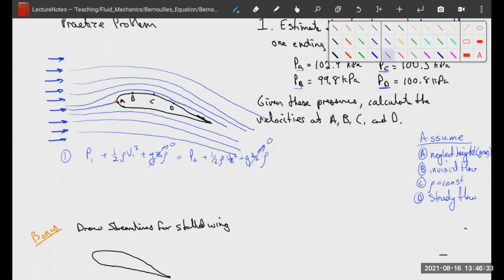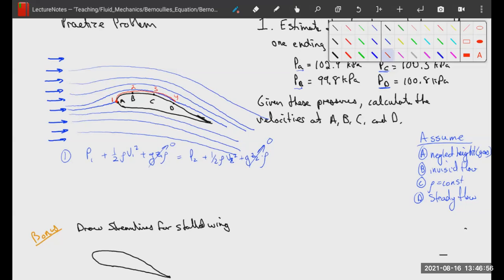So maybe we're taking that streamline that's right next to the stagnation point. We're following it around to point B, point C, and point D, right? So we're going to have point 1 here at the top is our beginning, and we have 2, 3, and 4 here, right?